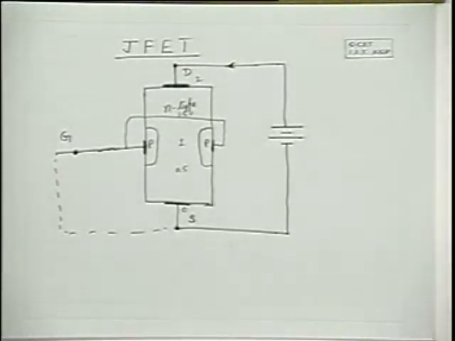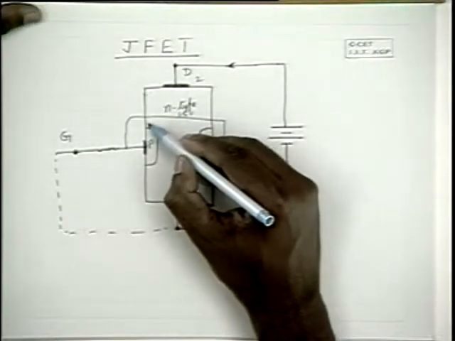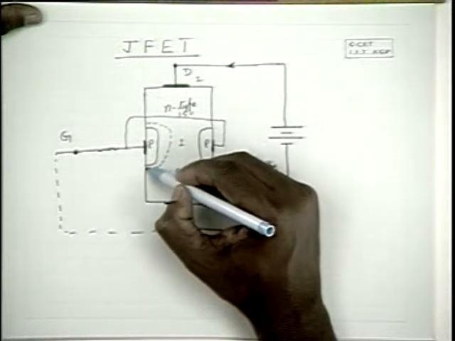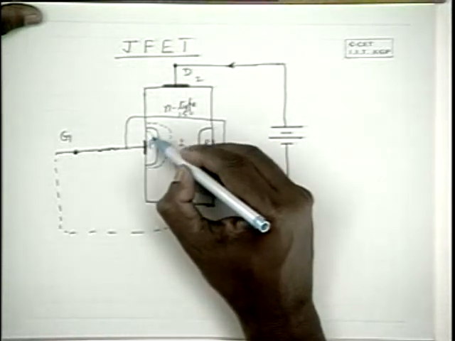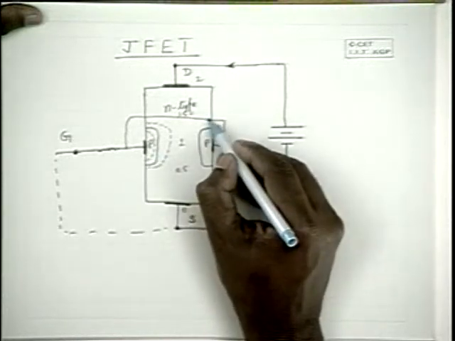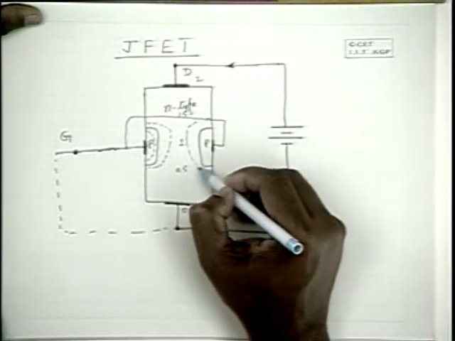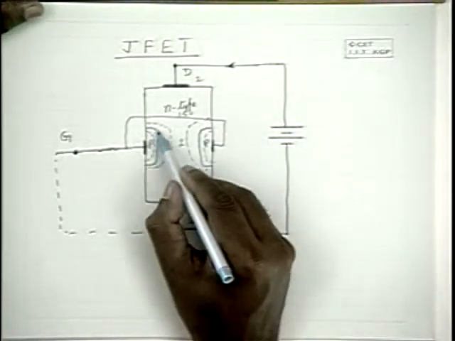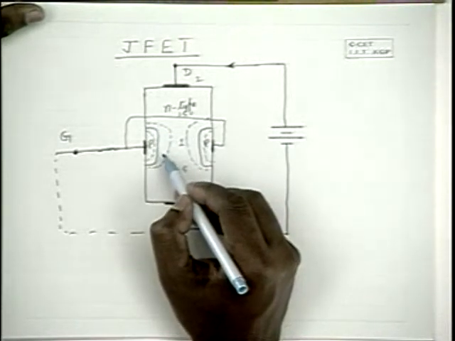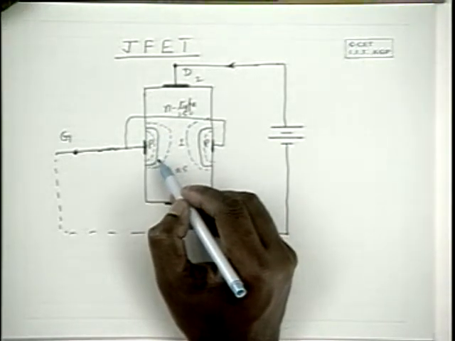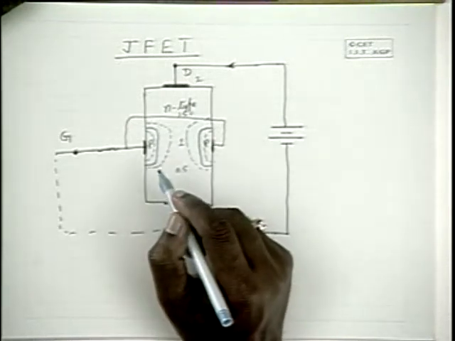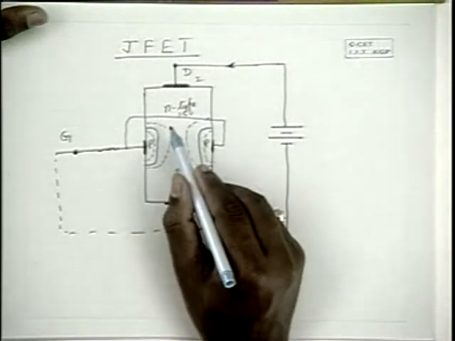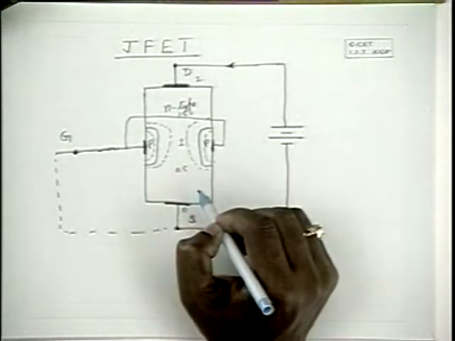When this PN junction is reverse biased, naturally you have a depletion region forming around this junction. So this region is depleted of mobile charges because of the reverse bias junction, and mobile charges are now confined to, what are the majority mobile carriers over here?